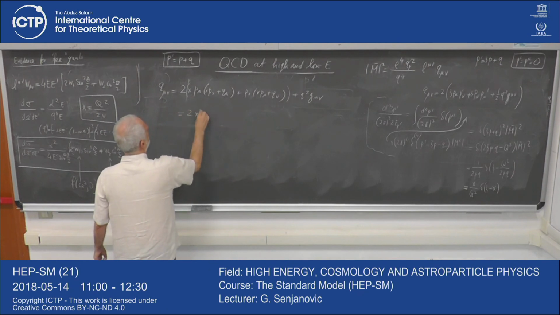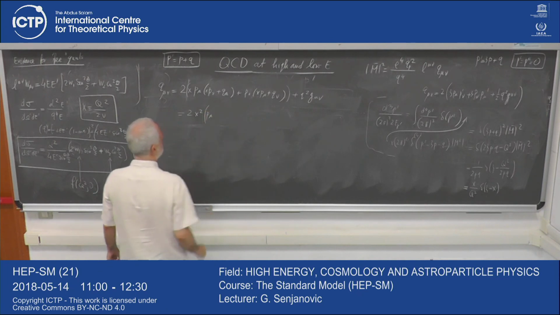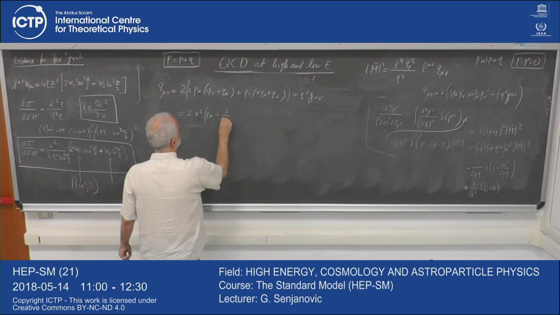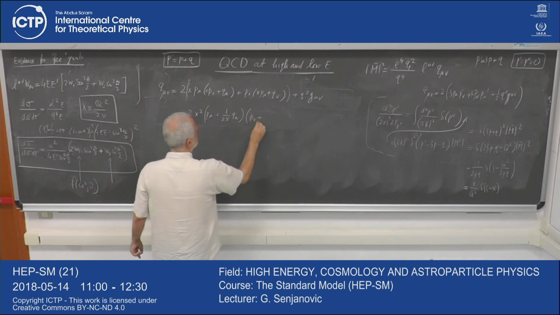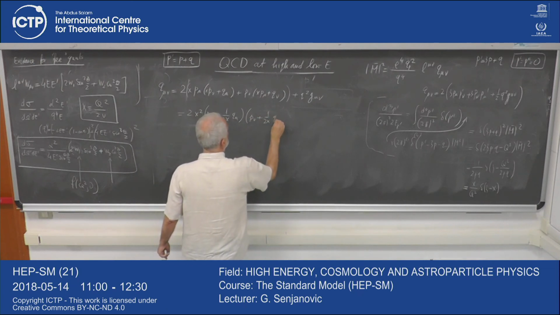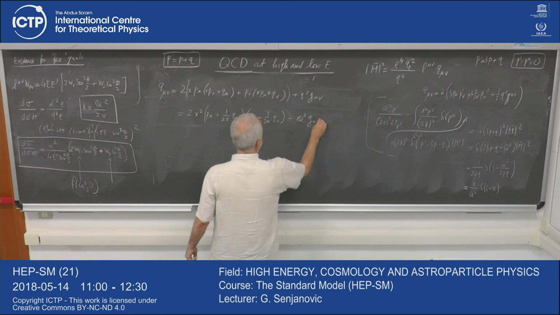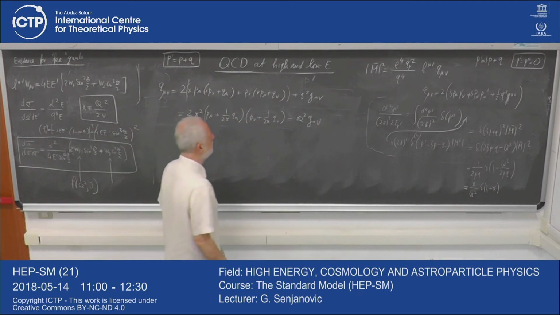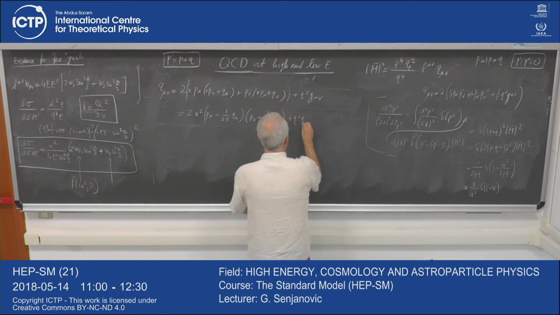This is equal to X squared P mu, no, let me keep this plus Q squared g mu nu.